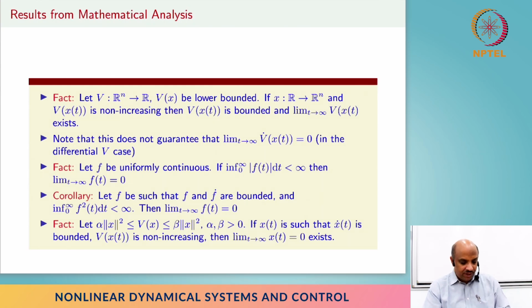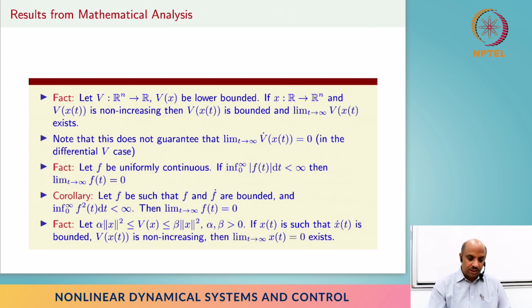If we have v such that it is upper and lower bounded by some alpha and beta times the square of the norm of x, and x is such that x dot is bounded and v of x is non-increasing, then the limit of x goes to 0, okay? So instead of worrying about v dot being 0 and things like that, in the limit we can directly use this particular result, where x of t is going to go to 0 as t tends to infinity.